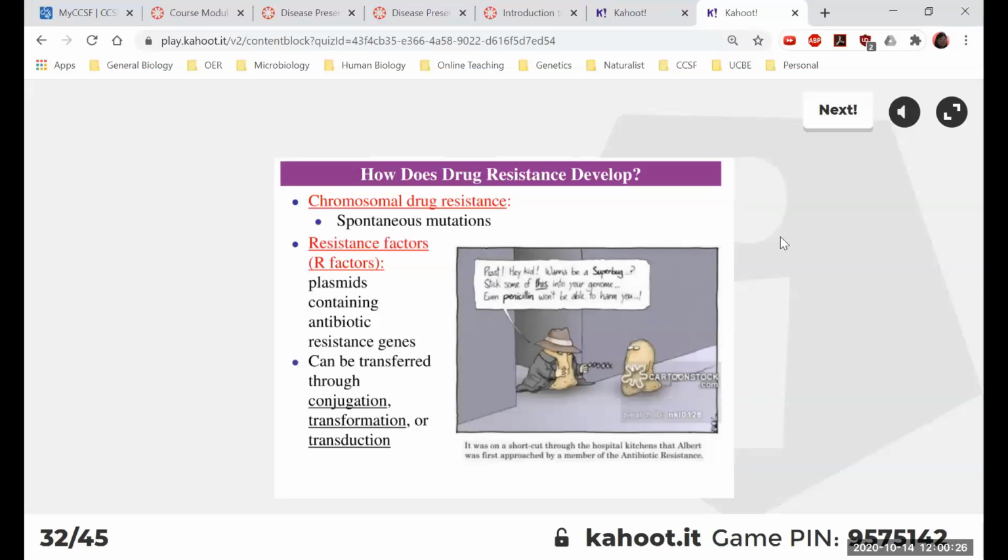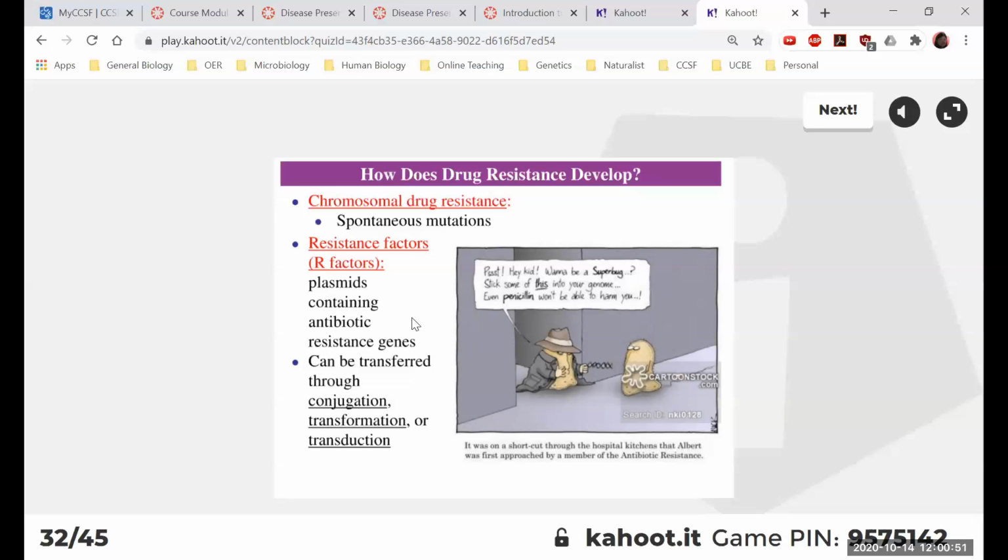So how does drug resistance develop? In general, it comes from mutation. The drug resistance gene can be carried either on the chromosome or on a plasmid. If it's on the chromosome, most likely it came from a spontaneous mutation, a copying error of a kind. If it's carried on a plasmid, remember bacteria do have horizontal gene transfer.